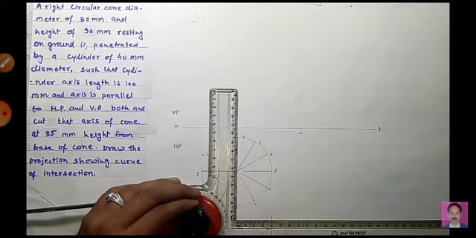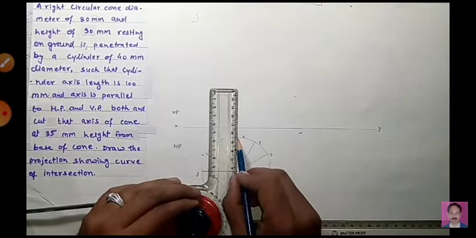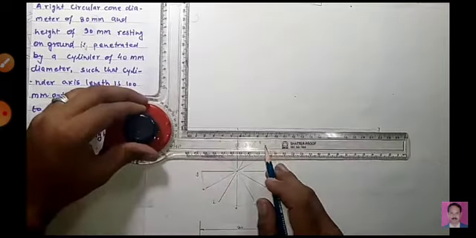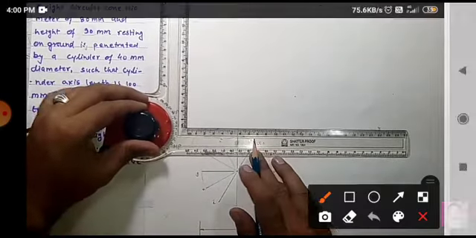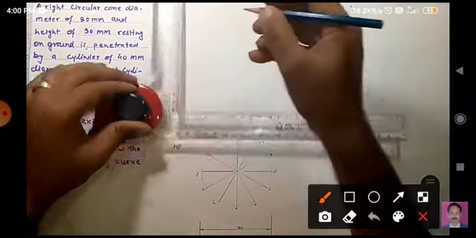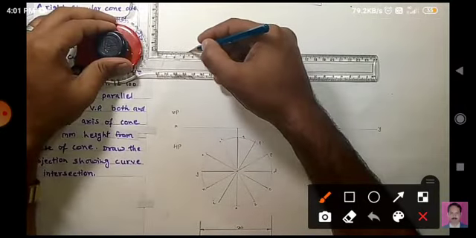So draw the top view. Height of cone is 90 millimeter. Take the 90 millimeter height.